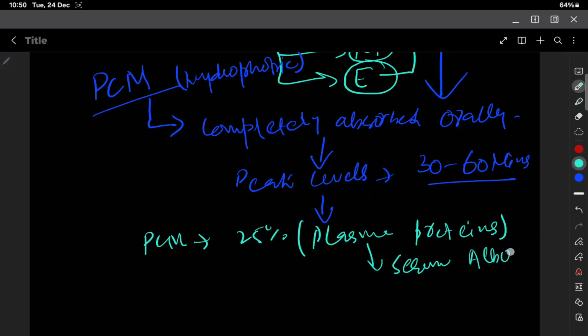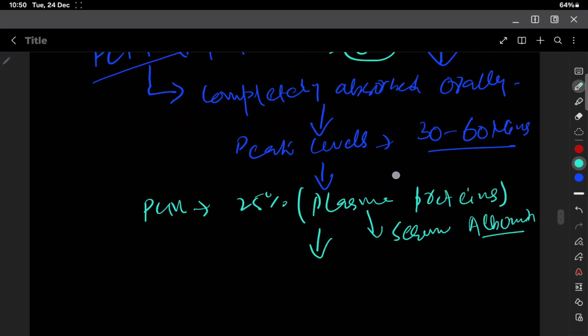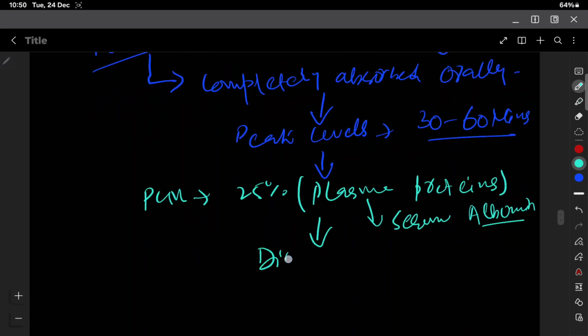Then there will be distribution: it will be distributed throughout the body to the site of action, to other tissues.